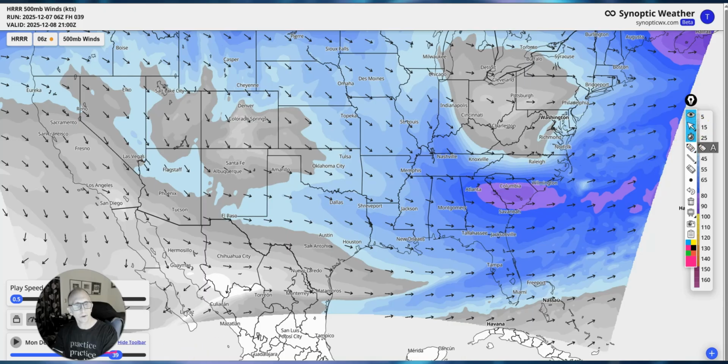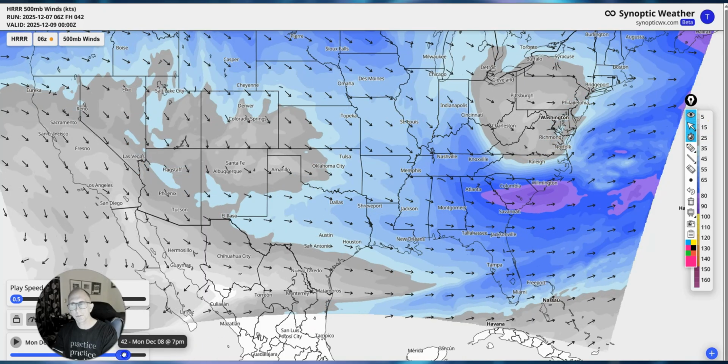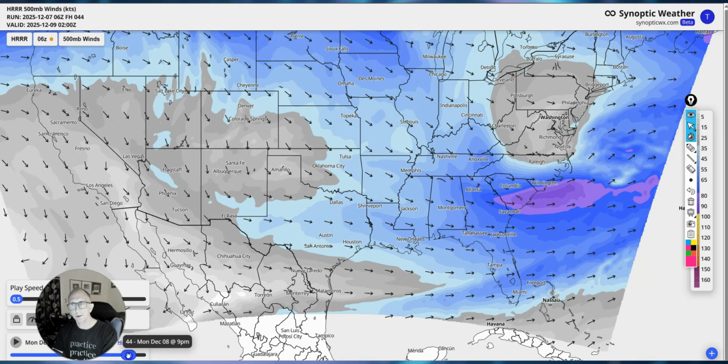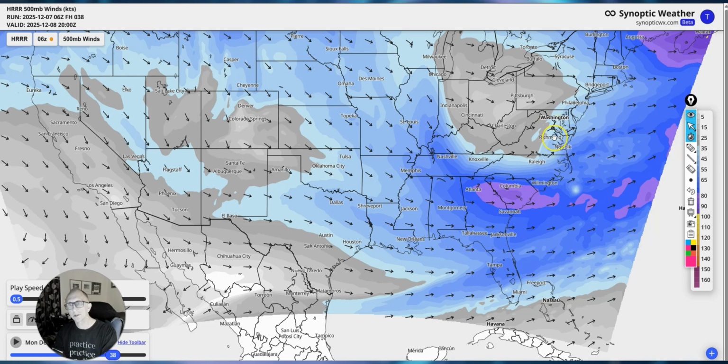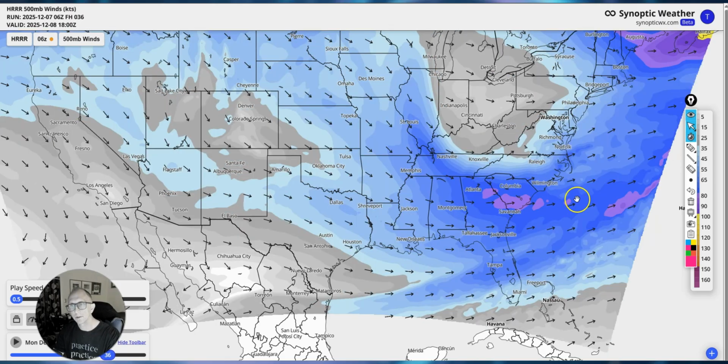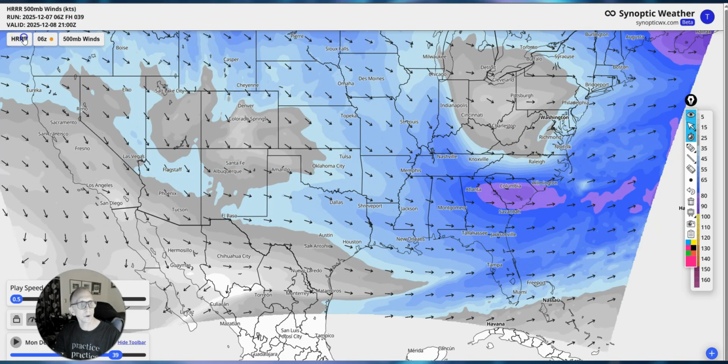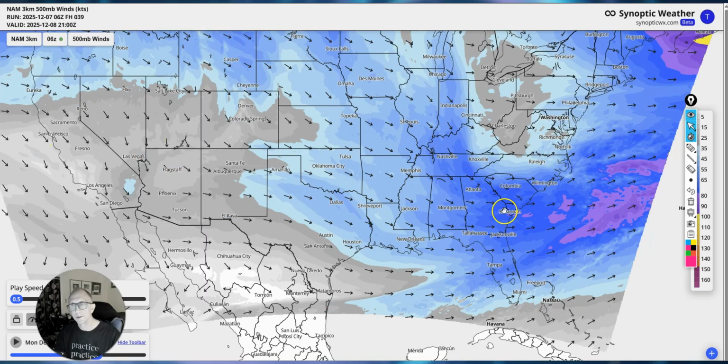Not very intense, but you get the idea. That moves out, right? So you see the tilt with it right here. So these areas are the most likely, I think, given this model, where you could see the most intense snowfall rates. See the enhancement here. So if we go to the NAM 3K, move a little bit further out here.